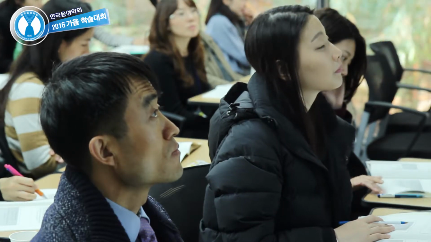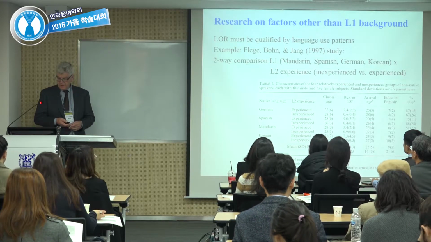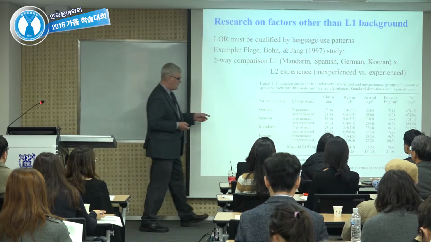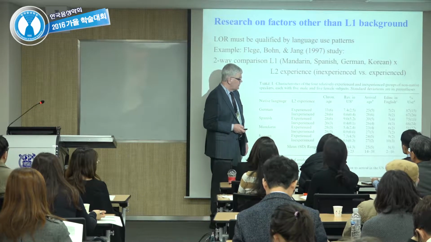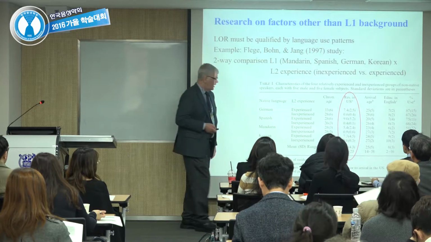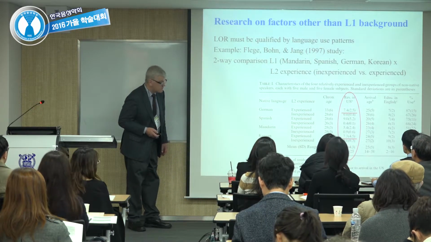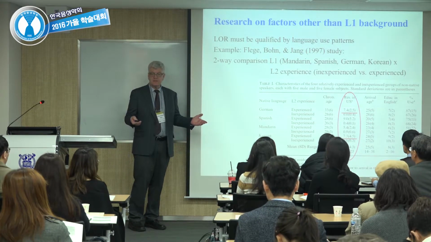And this example that I have here is also from the Schwen, Bohn, and Young study. What you see here is the groups, the German, Spanish, Mandarin, and Korean speakers. They were experienced and inexperienced with English, and they had resided, the experienced speakers, as you can see, the German experienced speakers for 7.5 years, and the Korean speakers for 7.3 years. So you might say, well, length of residence is equivalent.